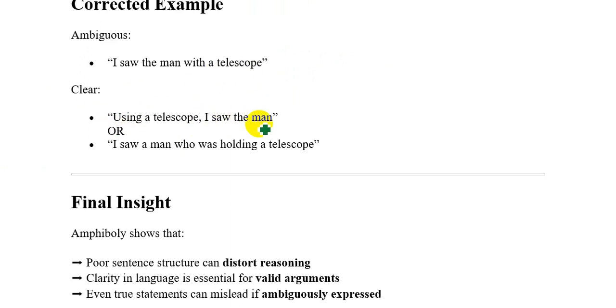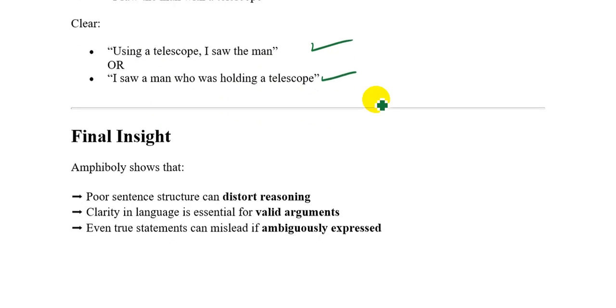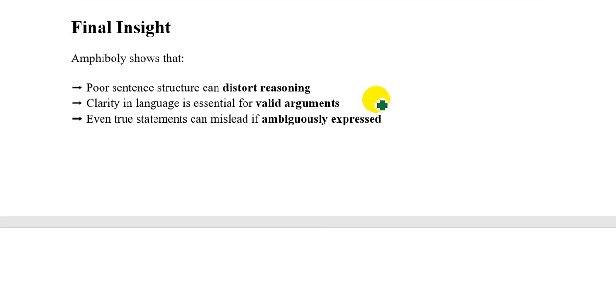Either you say, using a telescope I saw the man, or I saw a man who was holding a telescope. So now you are clearing up the sentence. Amphiboly shows that poor sentence structures can distort reasoning. Clarity in language is essential for valid arguments, and even true statements can mislead if ambiguously expressed.